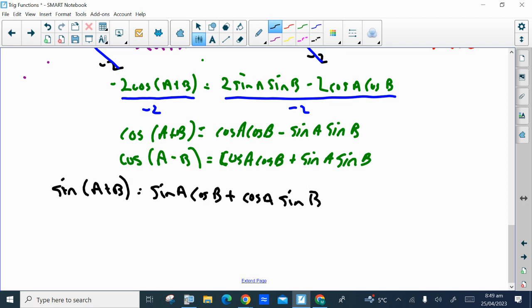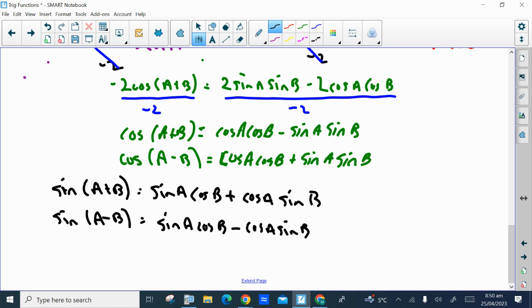And then if you replace b with negative b, that gives us the sine of a minus b. This first term becomes the cos of negative b, which is positive cosine of b, so that first term actually doesn't change. However, when you let b equal negative b, the sine of negative b is the negative sine of b, which gives us negative cos a sine b. There's the sum and difference identities for sine.